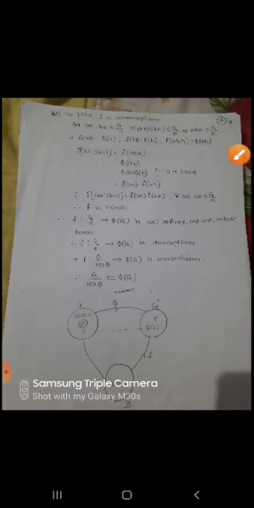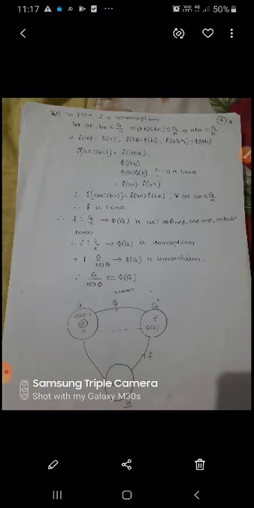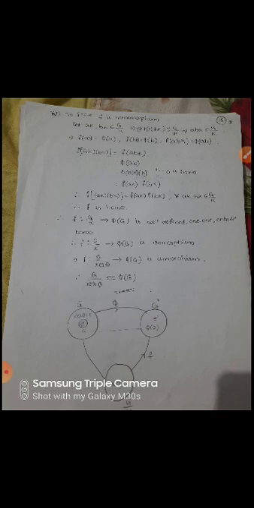Next, the fourth one, to prove f is a homomorphism. Let aK, bK belong to G/K, which implies aK into bK belongs to G/K.